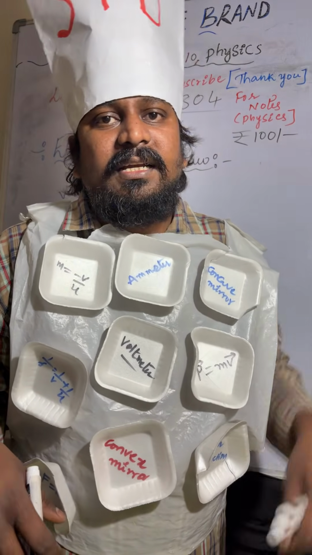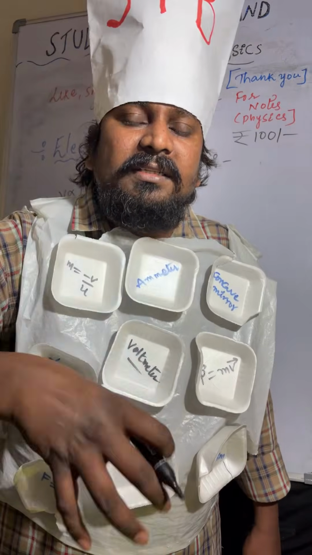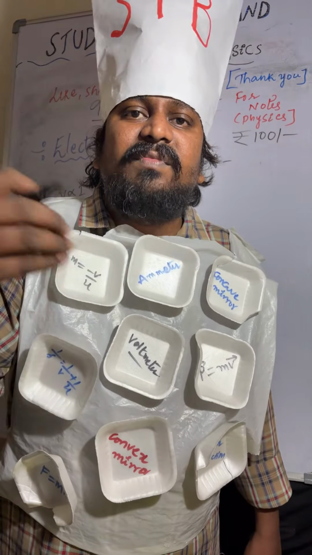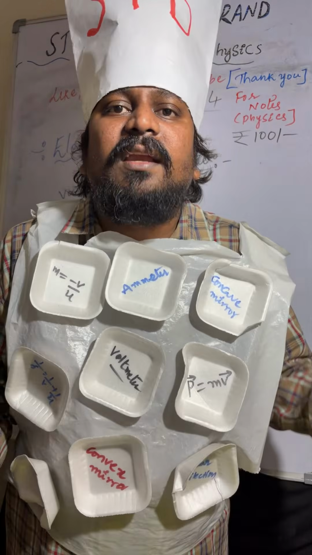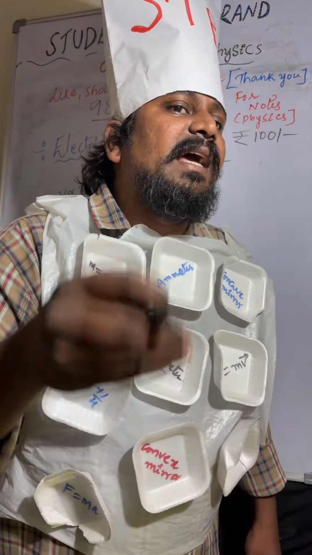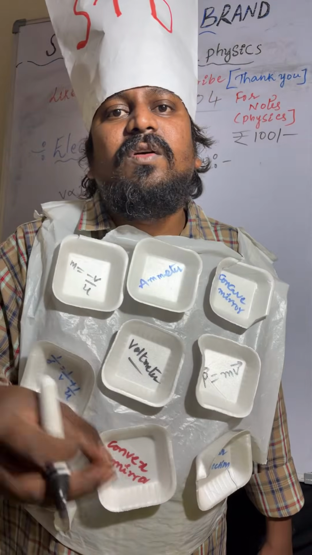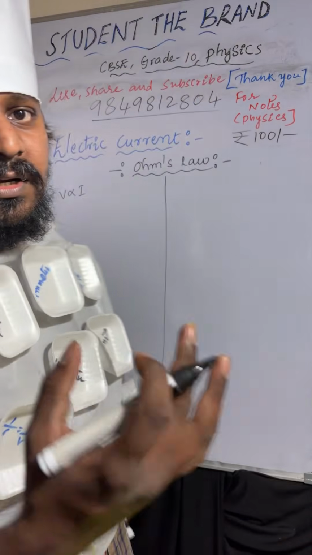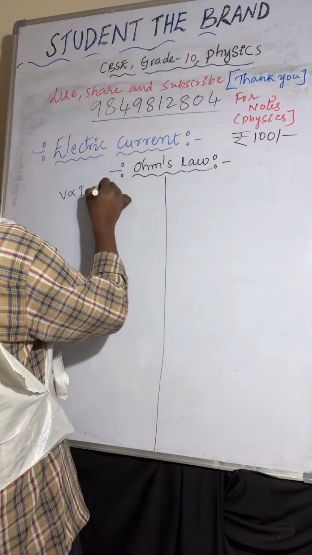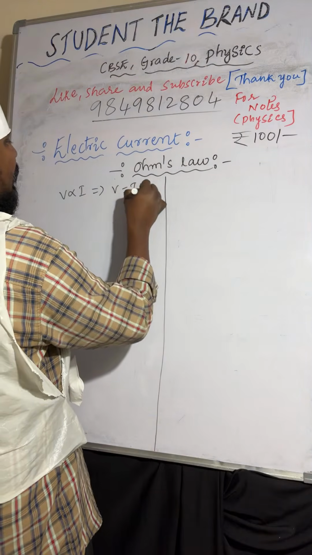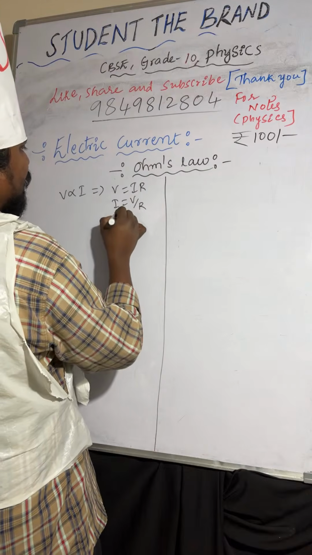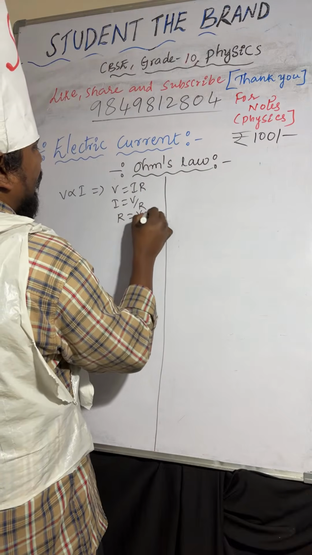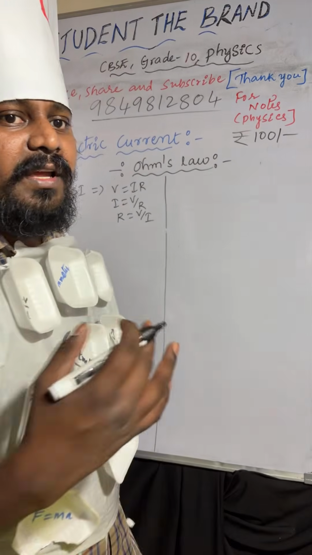V is directly proportional to I. V equal to IR. So I equal to V by R, and R equal to V by I.